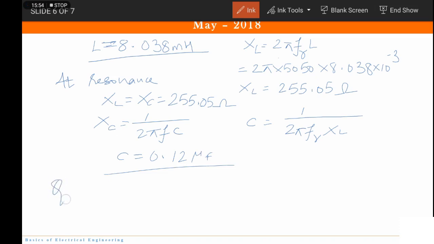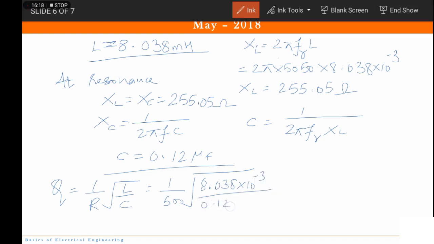Now let us talk about Q factor. So Q factor is given by 1 upon R times square root of L by C. So now we have all the values. So simply we can put the values here and calculate it. So the value of Q factor comes out to be 0.517.